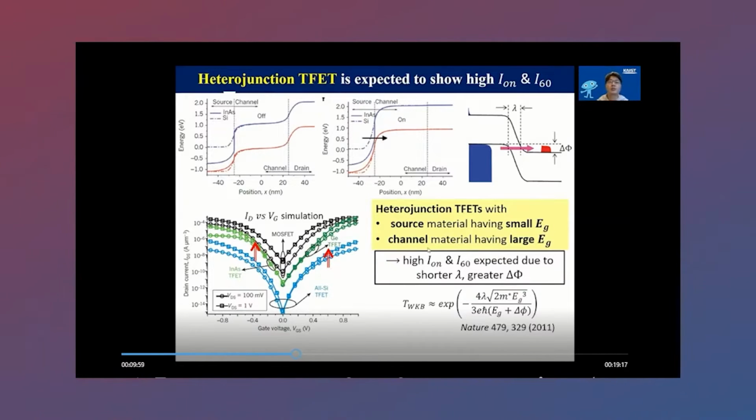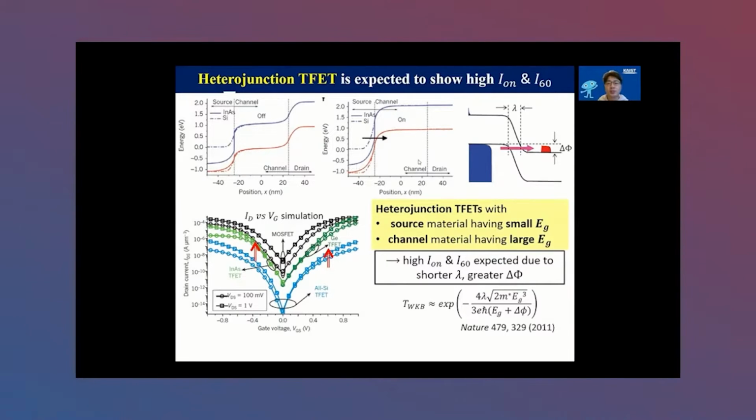So if you make this heterojunction with the small band gap material and the large band gap material, what happens is that this delta lambda, the tunneling length, decreases significantly, and also delta phi, at the same voltage, increases, from the valence band edge to the conduction band edge.